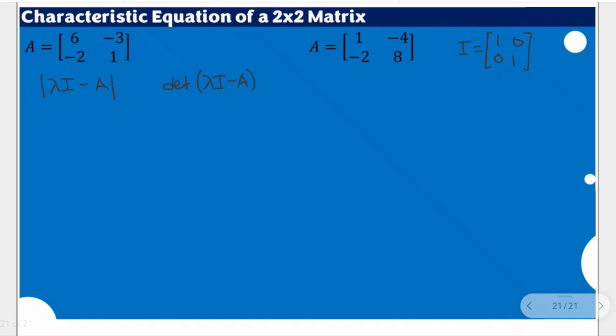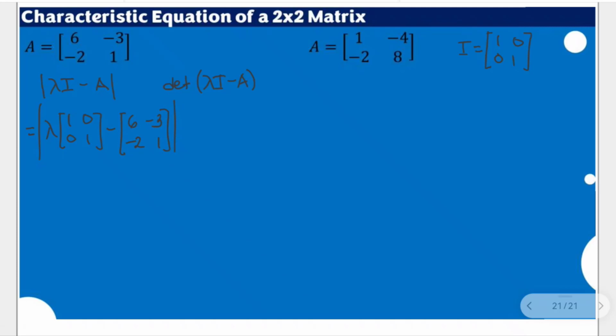Let's start with the first matrix containing the entries 6, -3, -2, and 1. So this is how we're going to do it: a certain lambda, which is a scalar, times your identity 1, 0, 0, 1, minus your A, which is 6, -3, -2, and 1.